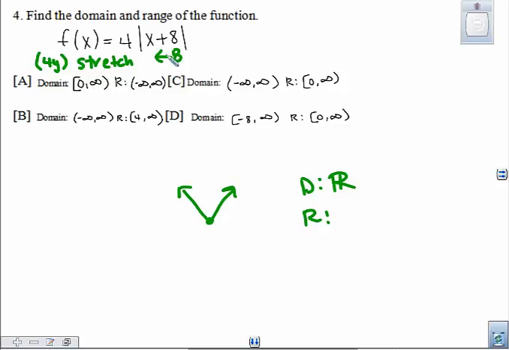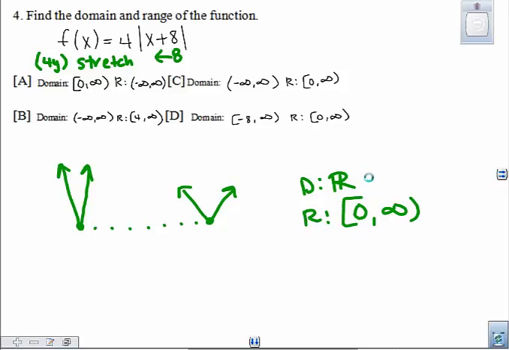Now this is shifted to the left 8. It did not shift up or down any, so it did not change the low point of your graph. It just changed the width, so it became taller or more narrow. So your range, your low point is still 0, and your high point infinity.